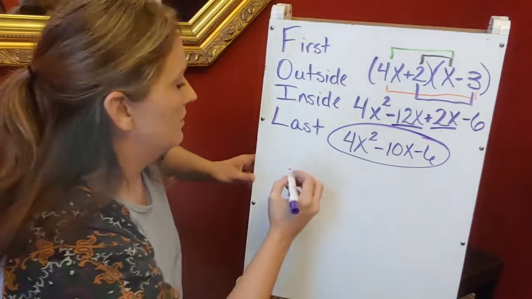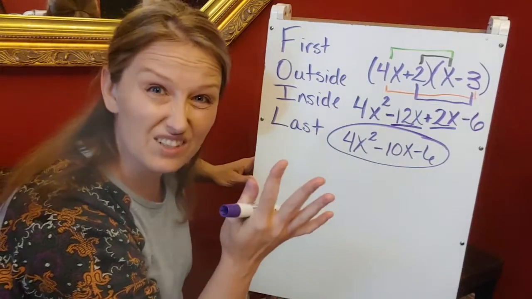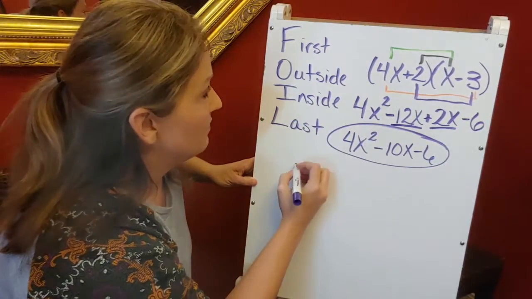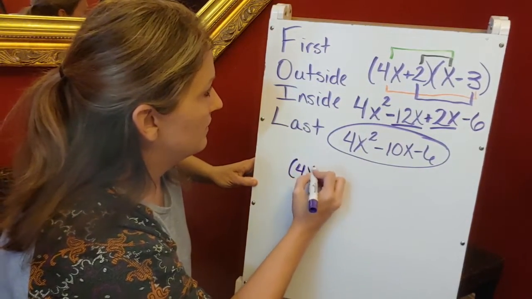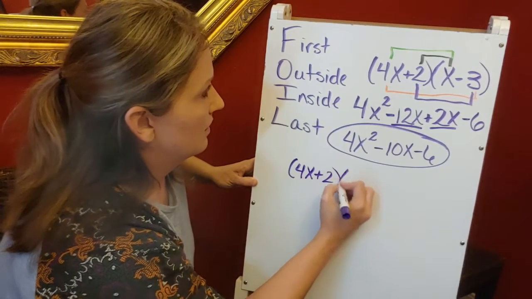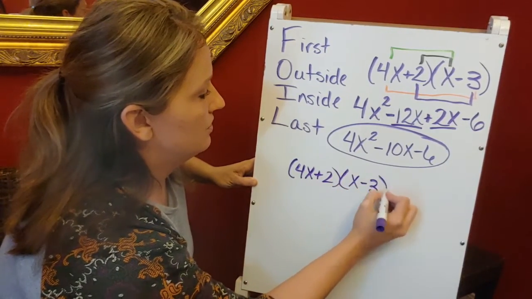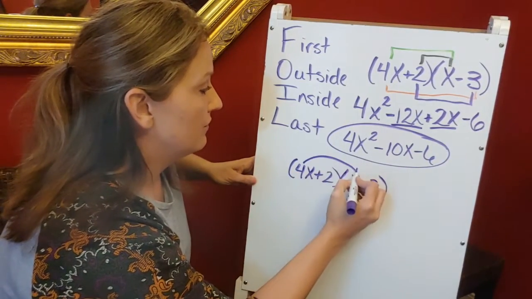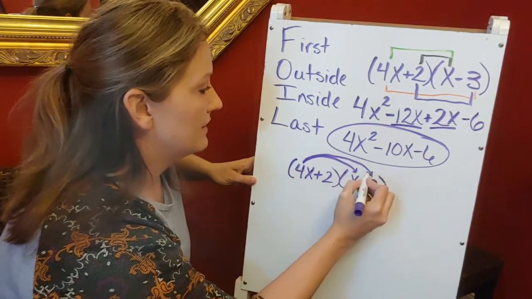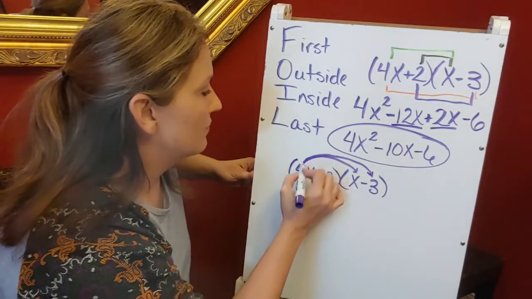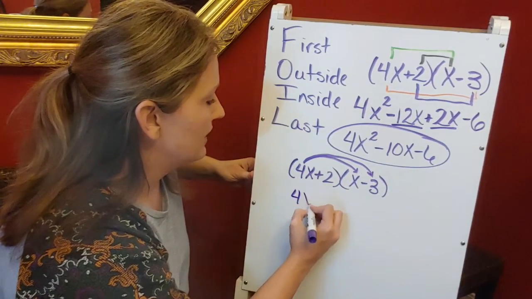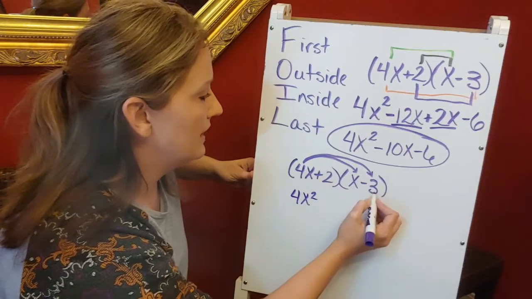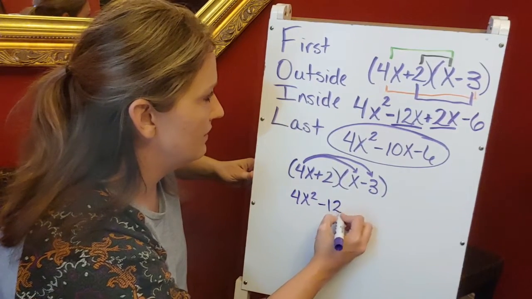And just so I can show you that this actually works, I'm going to do the double distributing on this, just to show you we get the same answer. I'm going to first do 4x times x and 4x times a -3. So 4x times x gives me 4x squared. 4x times a -3 is minus 12x.